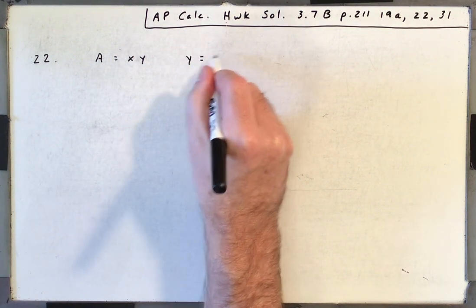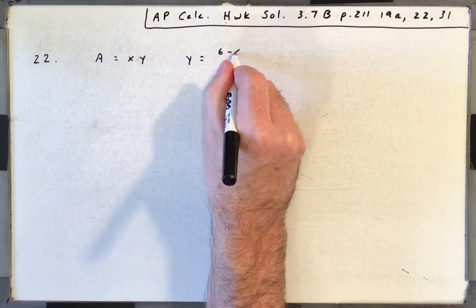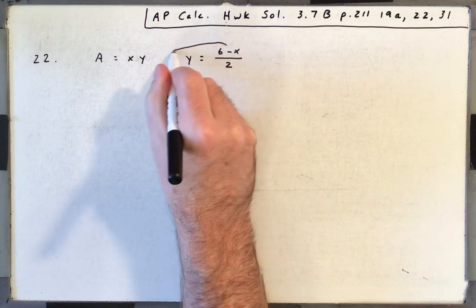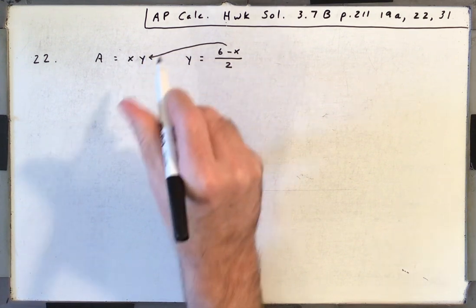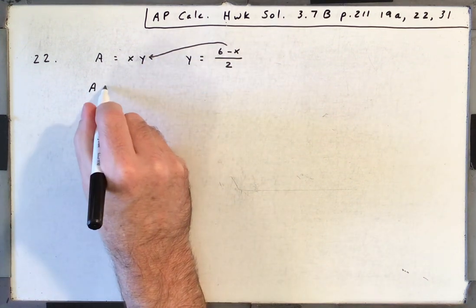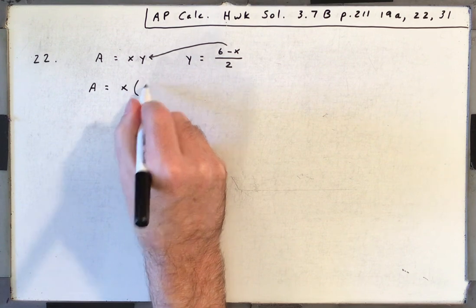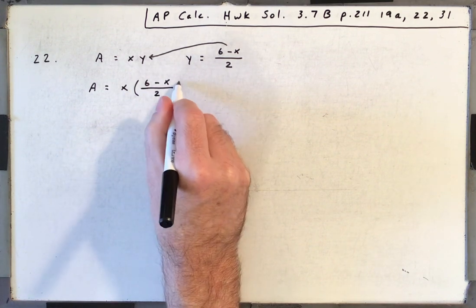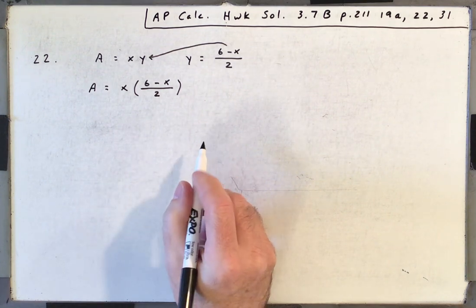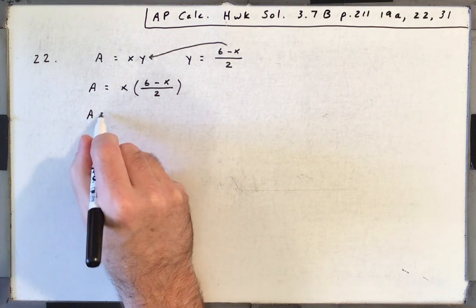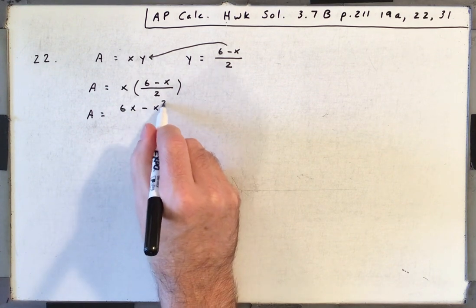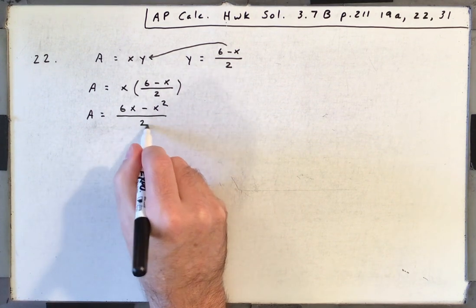Y is equal to 6 minus x over 2. So I can substitute that in right here, and I would have area is x times 6 minus x over 2. So distributing that x, I would have 6x minus x squared over 2.